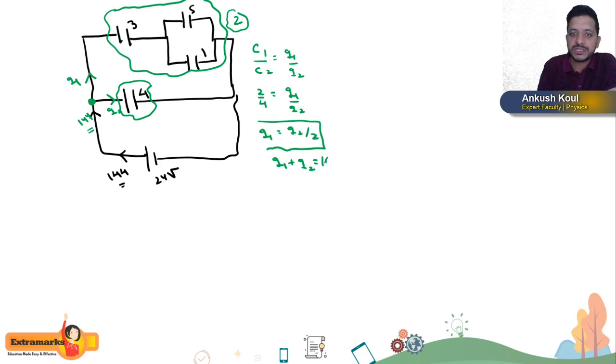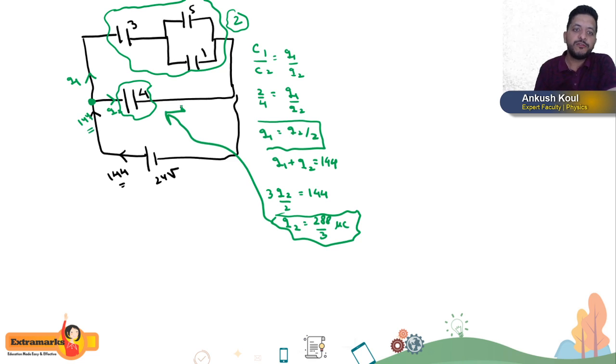Say instead of Q1 I write Q2 by 2, so this becomes 3 by 2 Q2 is 144, or Q2 will be how much, beta? 288 by 3 microcoulomb, which is nothing but the charge on this 4 microfarad capacitor. Is it clear? Charge on this 4 microfarad capacitor.